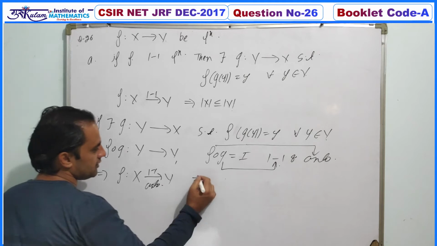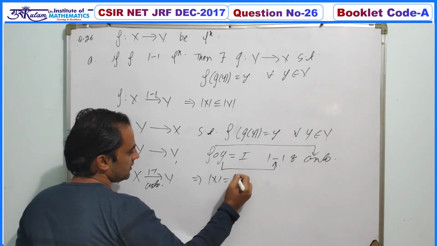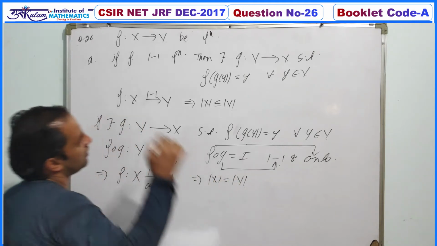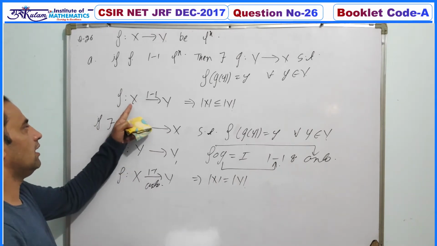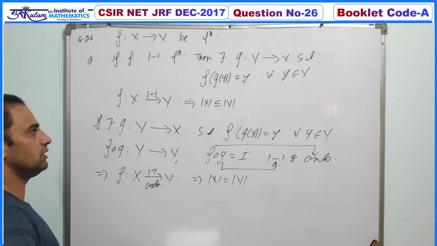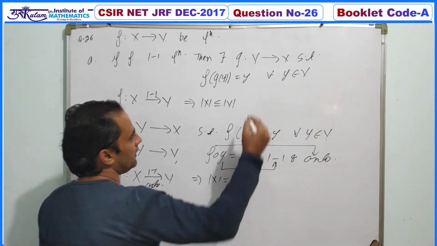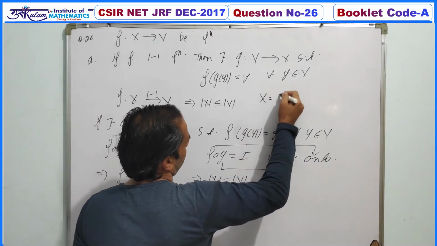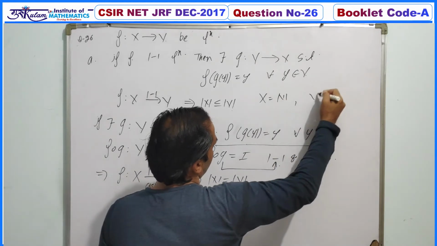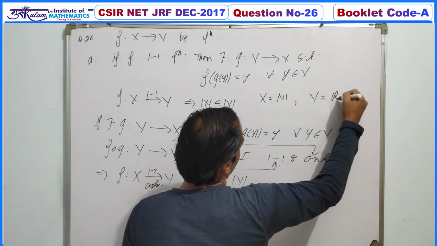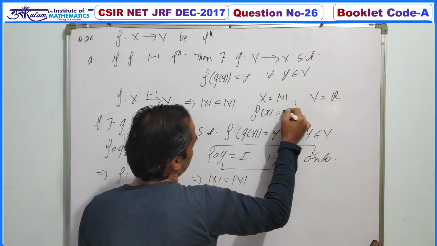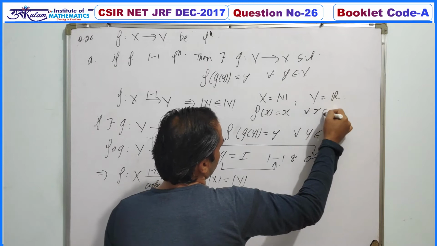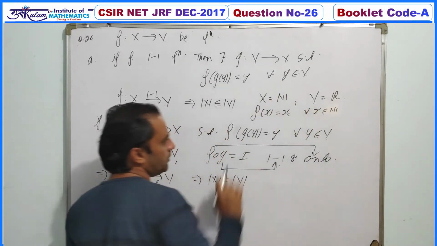So this implies the cardinality of X is the same as the cardinality of Y. But in this question, X and Y can be any sets in which f is a one-one function from X to Y. So if we take X as the set of natural numbers and Y as the set of real numbers, we can define f of x is equal to x for all x belongs to N. This function is one-one.